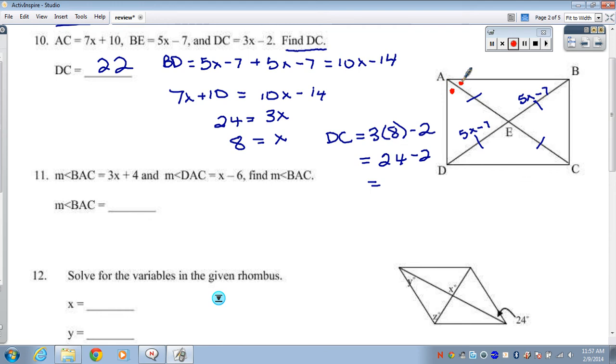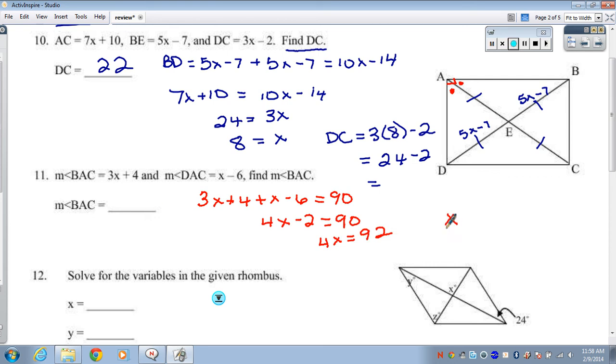So we know this is a rectangle, and this angle right here is 90 degrees. Add them together. So 3x plus 4 plus x minus 6 equals 90. 4x minus 2 equals 90. 4x equals 92.